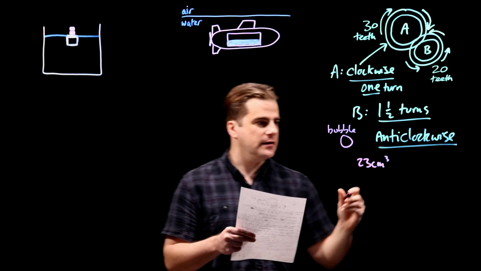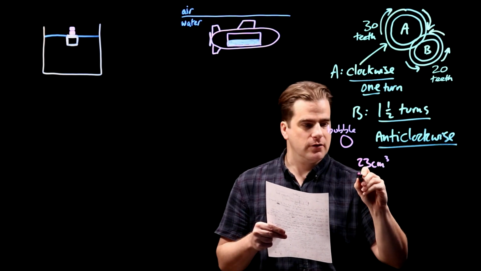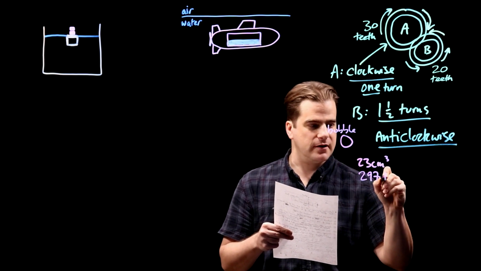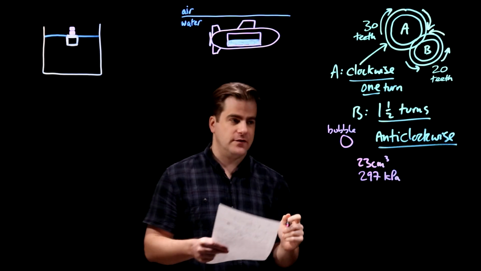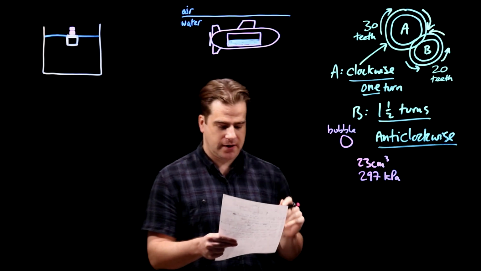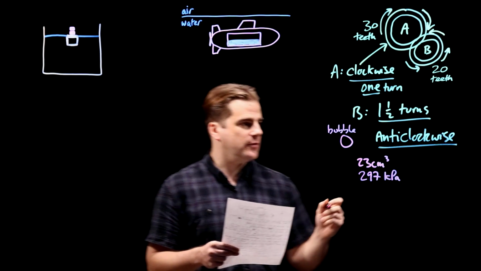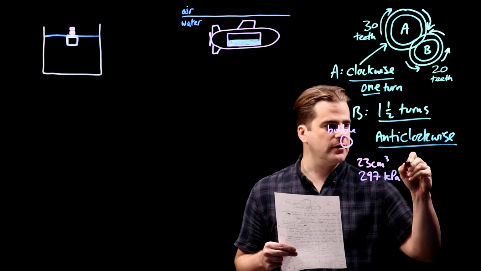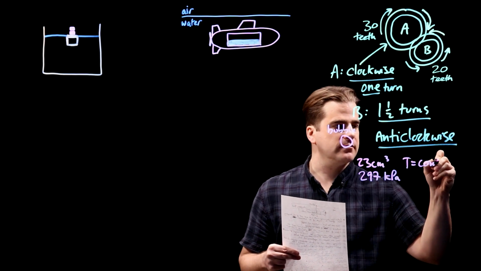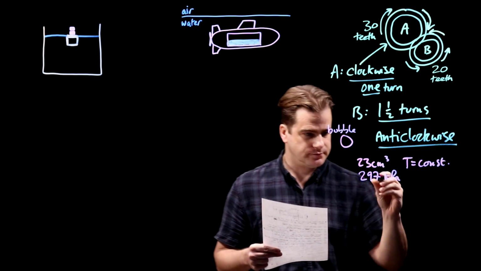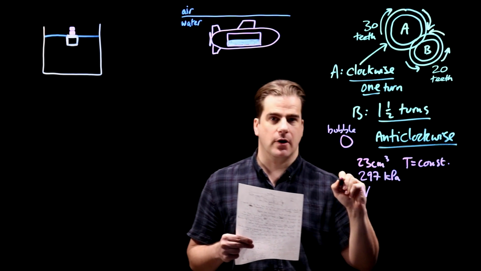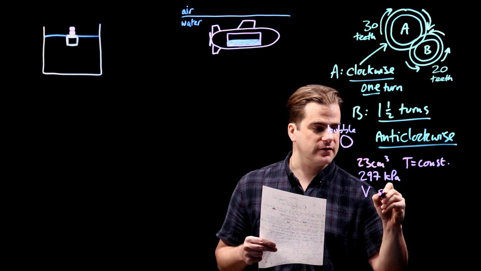Its pressure is 297 kilopascals. It rises to the surface with no change in temperature, so temperature is constant, and we have to work out the volume of the bubble at the surface.